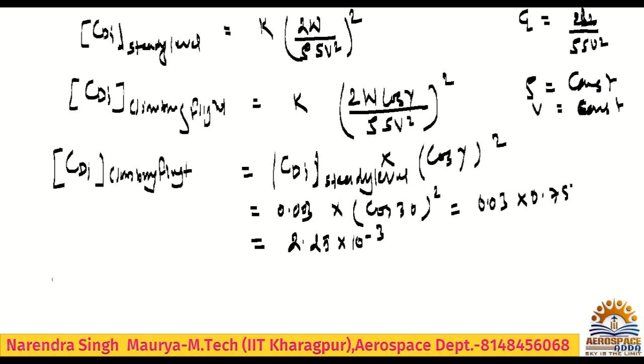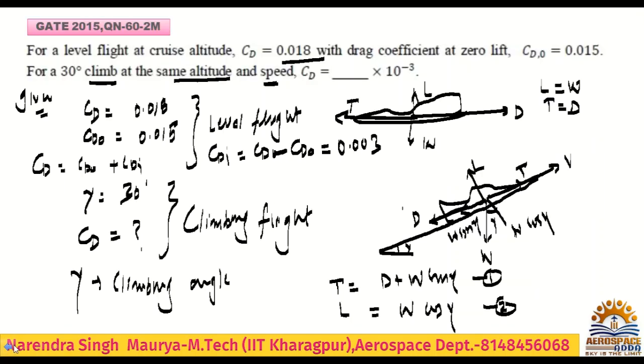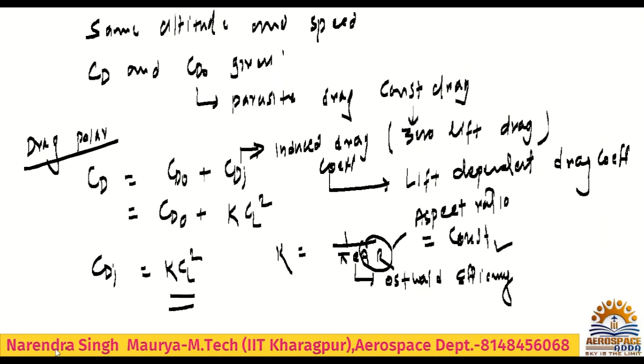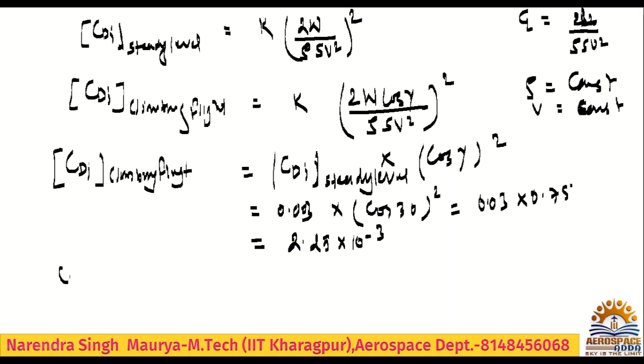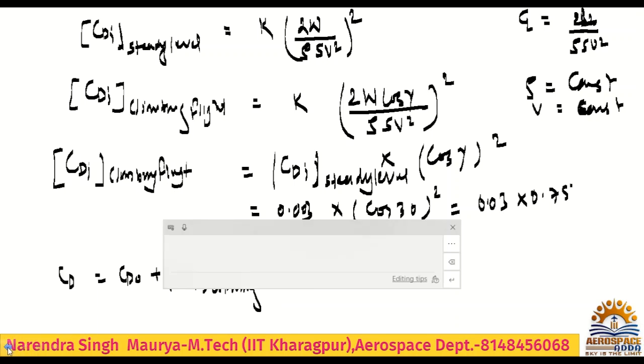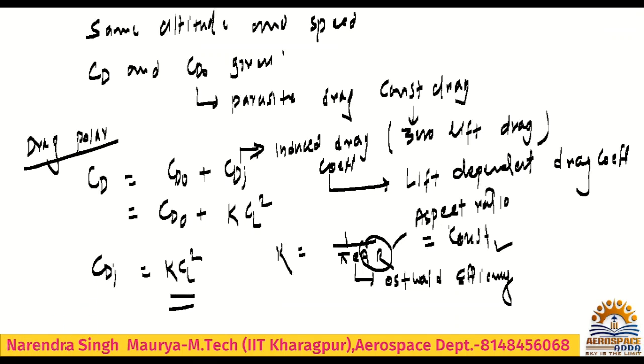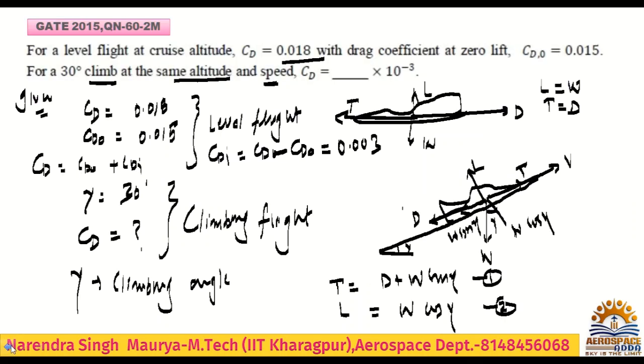Now for the climbing CDI you got, they are asking here for the CD value. Okay, so CD is nothing but you can write CD is equal to CD naught plus CDI for the climbing. So what is the CD naught? It will be constant. I told you it is a constant value, so it does not depend on the orientation of the aircraft.